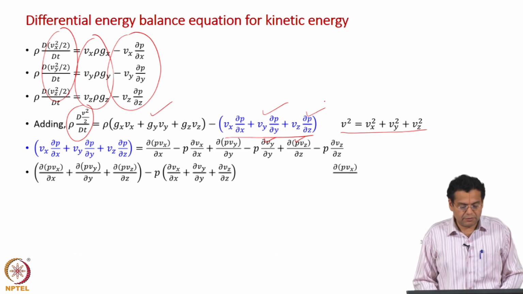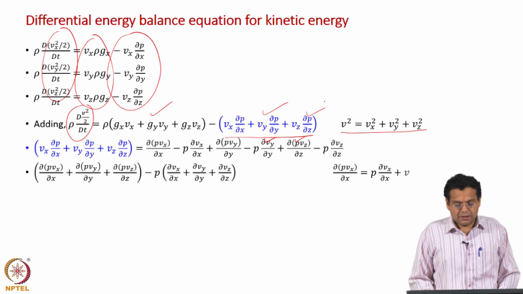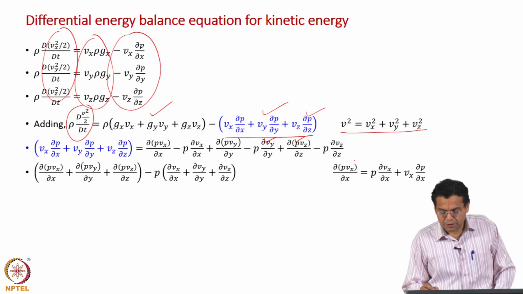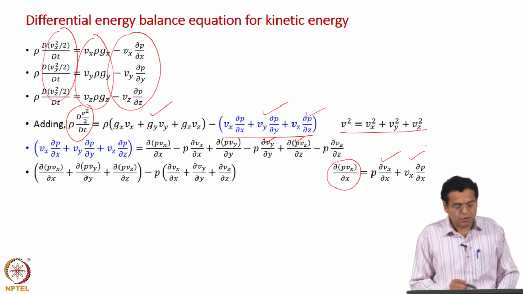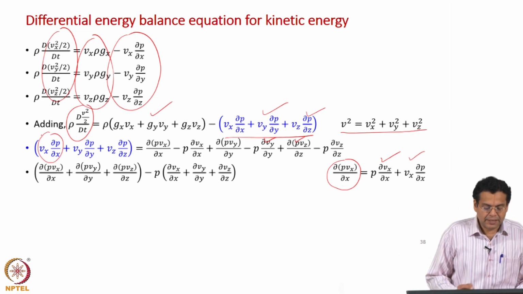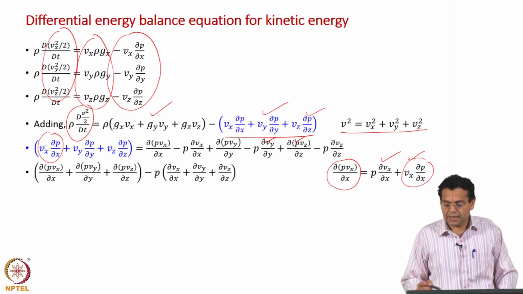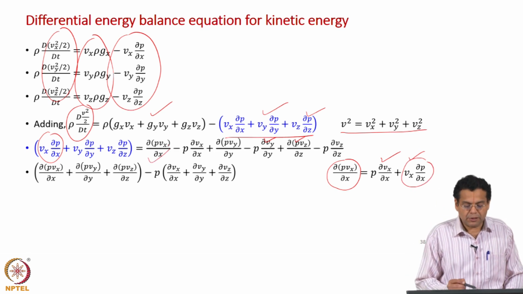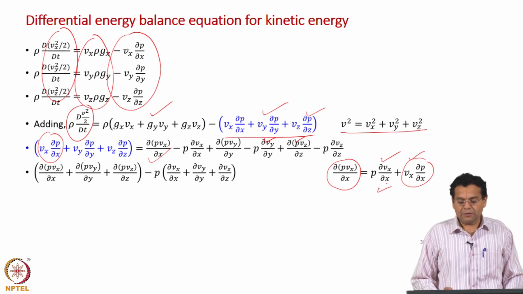What have we done now? We used the product rule. How did we use it? We know that ∂/∂x of (P V_x) is equal to P ∂V_x/∂x plus V_x ∂P/∂x. What we have on the left hand side is V_x ∂P/∂x, and that we have expressed as ∂/∂x of (P V_x) minus P ∂V_x/∂x.